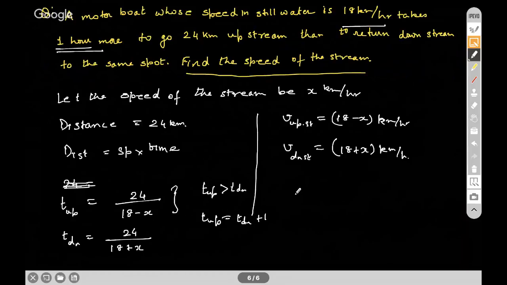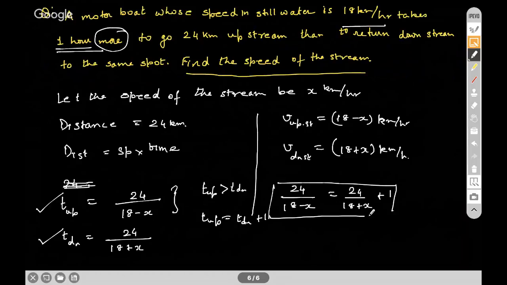So let's now form the equation. 24 upon 18 minus x is equal to 24 upon 18 plus x plus 1. So you will get 50% of the marks here itself when you are writing the equation correctly.